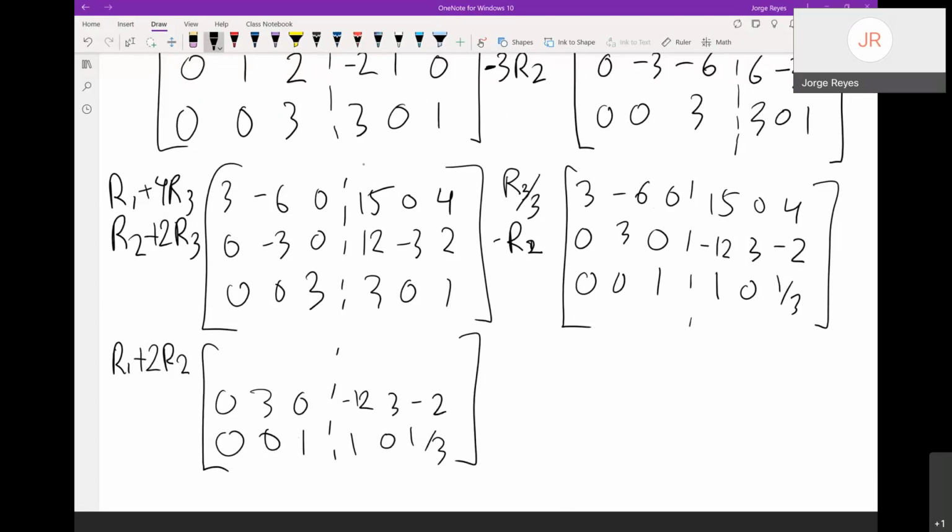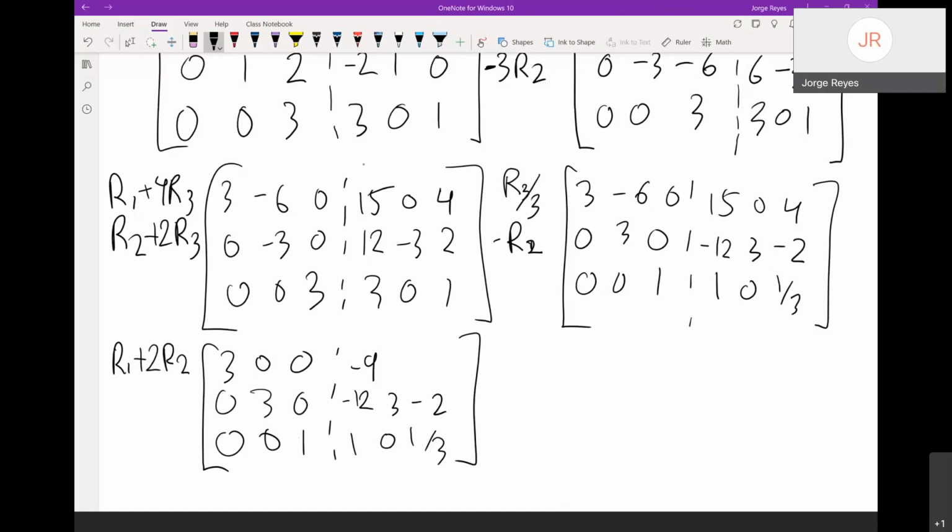Okay. All right, so 3, 0, 0, because that's the point. All right, now, so 2. So I'm going to get 15 minus 24. So 15 minus 24 is going to be negative 9.